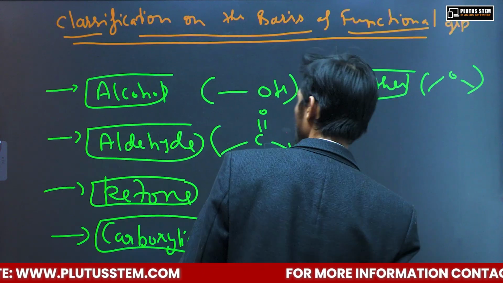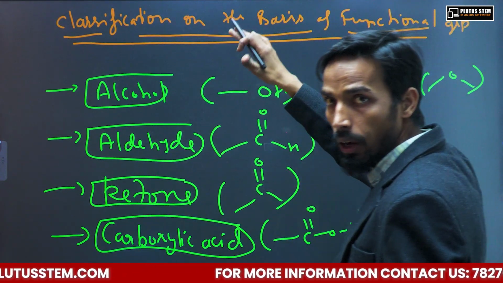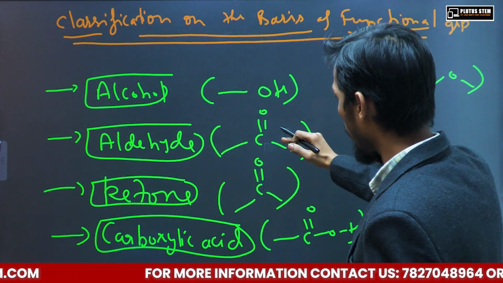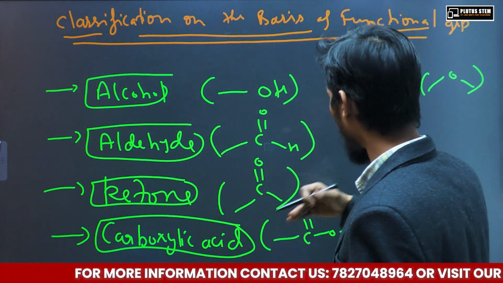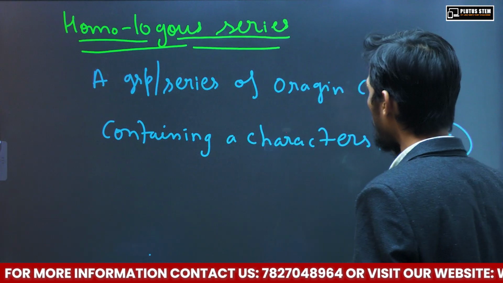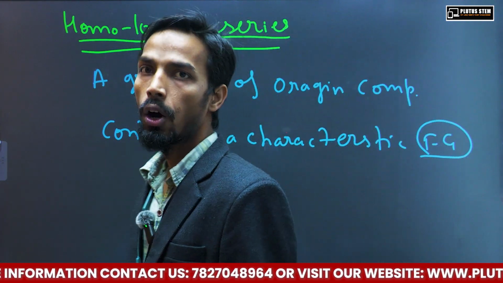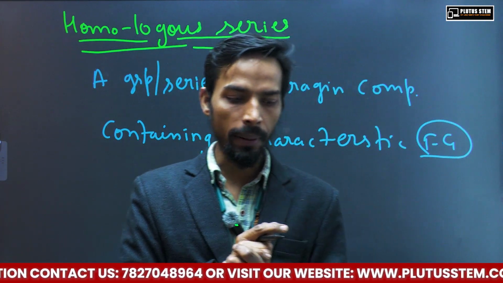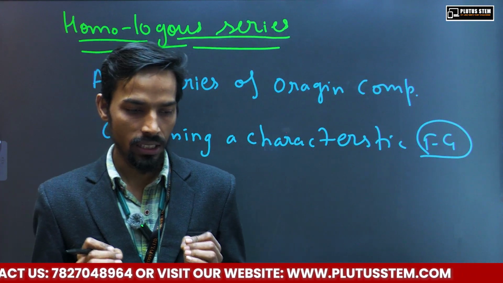And the functional group we have discussed just now, like it is having alcohol, or aldehyde, or ketone, carboxylic acid, ether, anhydride. Such a series or such a group is termed a homologous series.